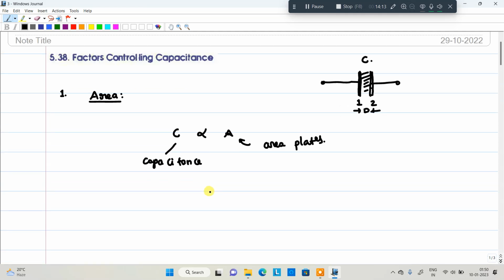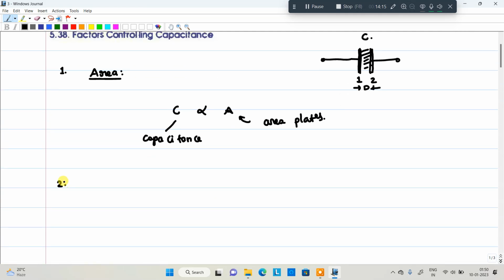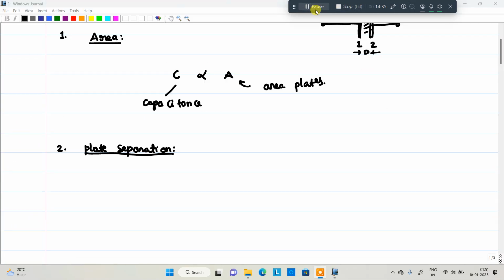Next, the second parameter is the distance, the plate separation. For example, this is a capacitor. We increase the distance, so the separation between these two plates increases further. What will happen? Whenever separation is taking place, that means more dielectric media is present.